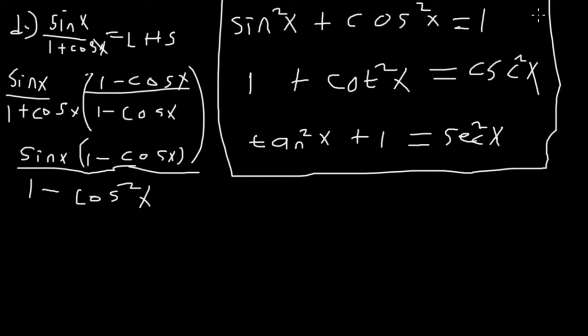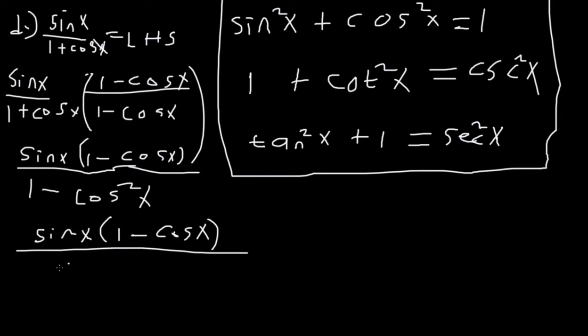So where there is 1 minus cos squared, I can put sine squared x. I'll write sine x on top, times 1 minus cos x, and everything is divided by sine squared x.